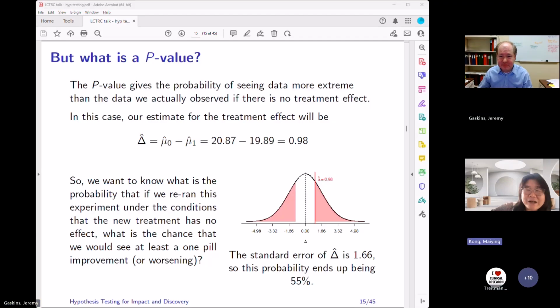I will add some comments. Jeremy, thank you. It's a very wonderful talk. And then for the second one, for the retrospective studies, we do use observational studies. In that case, the null hypothesis is that the p-value tests whether the coefficient is 0 or not.